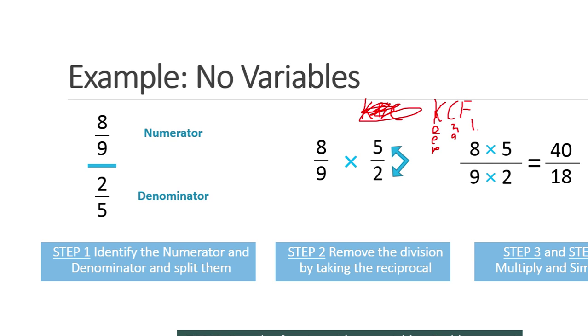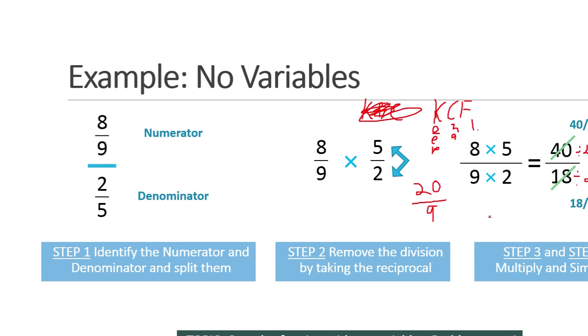And if we can reduce that, we try to. Let me show you this. If we divide each one by 2, 40 divided by 2 is 20, and 18 divided by 2 is 9.